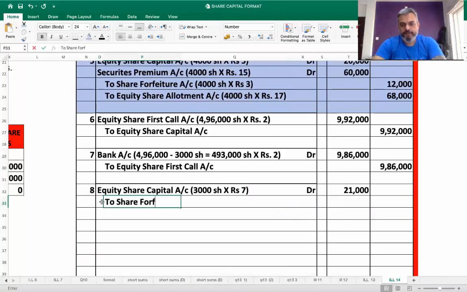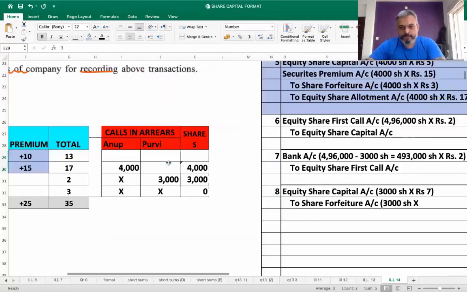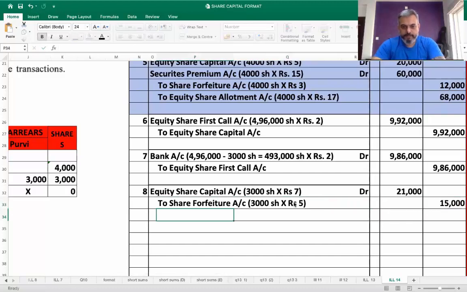Directly to share forfeiture account, 3,000 shares into, did not pay the first call, so paid the application and the allotment, so paid rupees 5 into rupees 5, 15,000, and 2 equity share first call account, 3,000 shares into rupees 2.